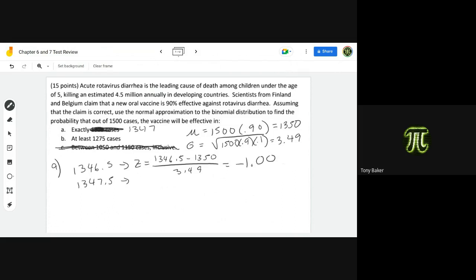So we get negative 1.00, which I can now look at the Z table to find. And we do 1347.5 minus 1350 divided by the 3.49, and we get negative 0.72.